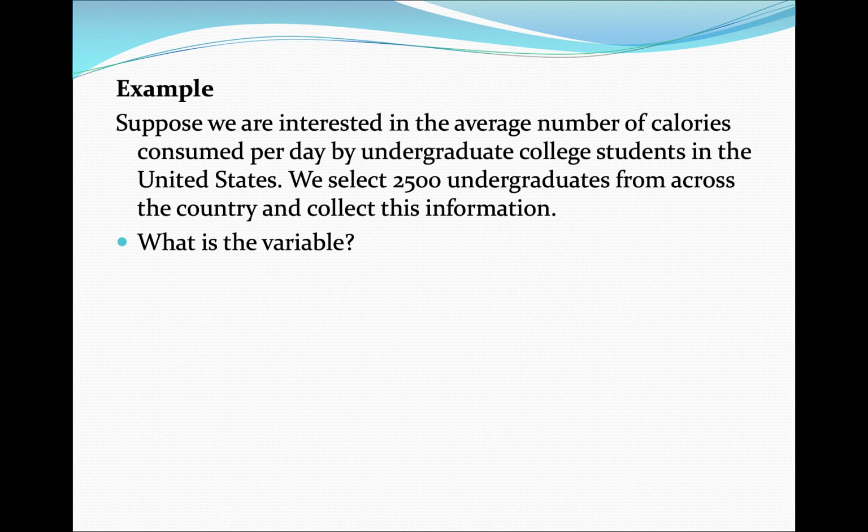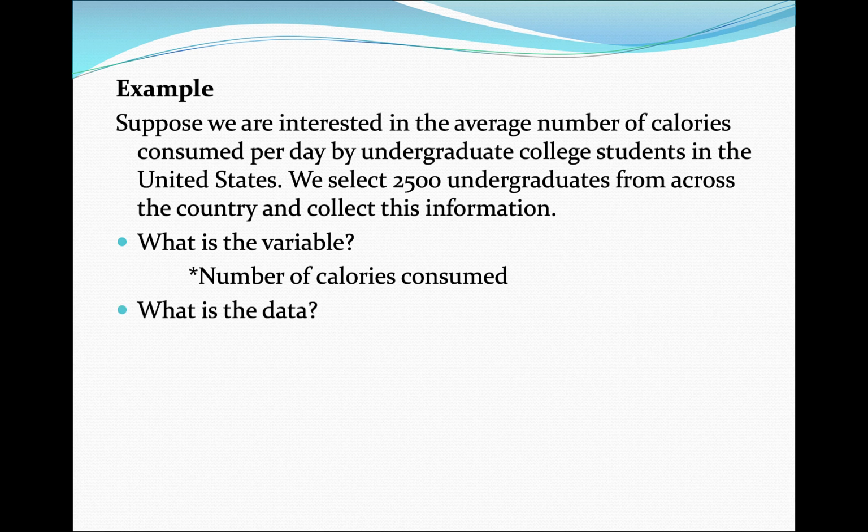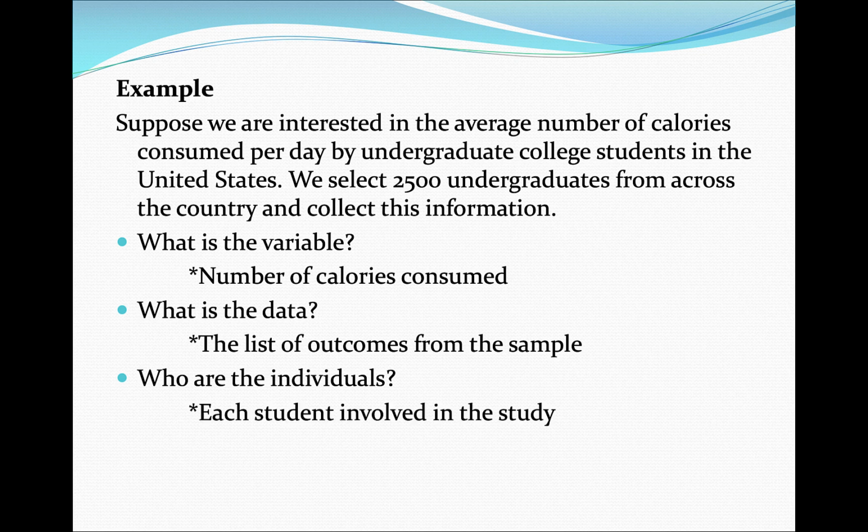So in this case, we're collecting the number of calories consumed, so that is our variable. This is going to change from individual to individual within our study. The data, of course, is nothing more than just that list of outcomes that we collect from our sample. And the individuals, I've already used that term, but that is just each student that's actually involved in the study.